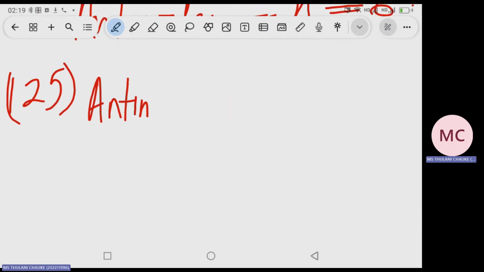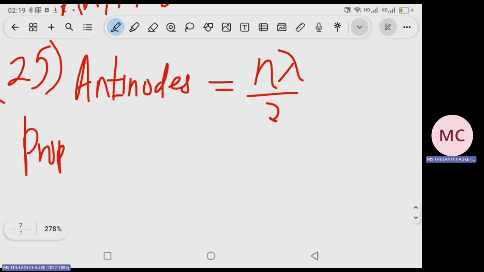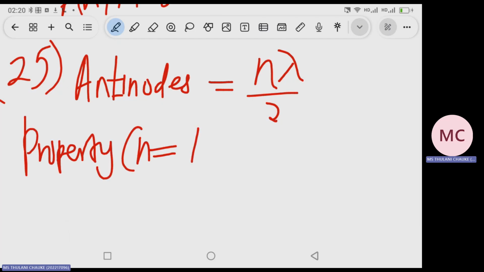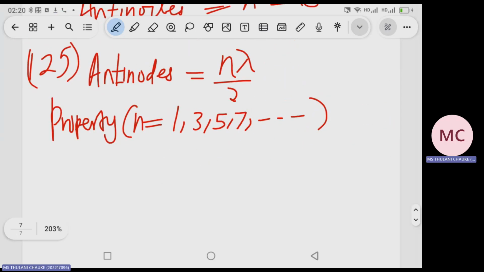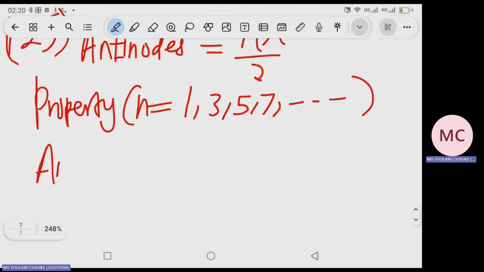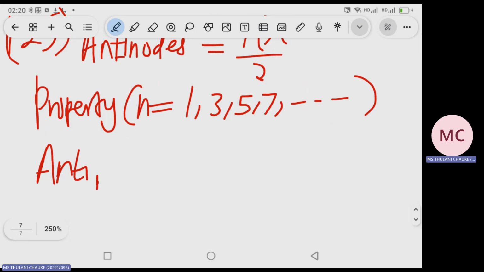For antinodes, it will be n lambda divided by 2, and the property says that your n must be a set of odd numbers.